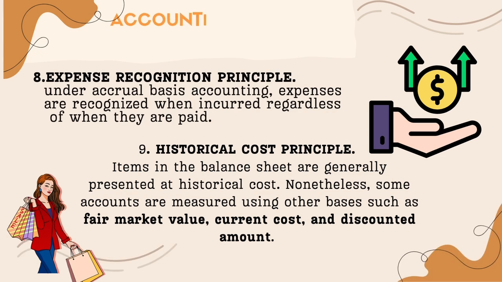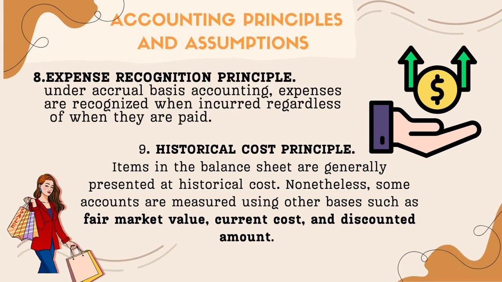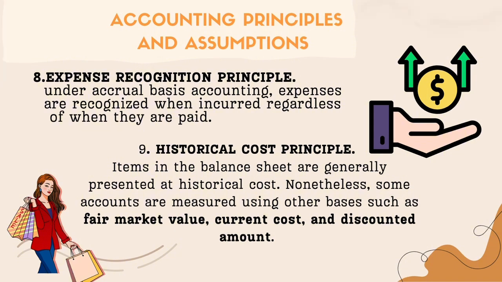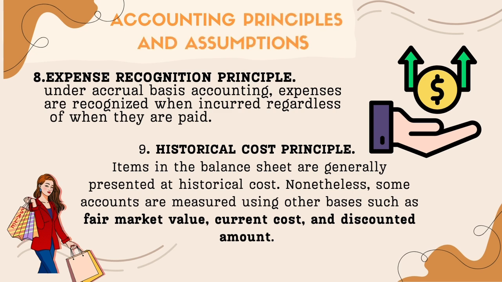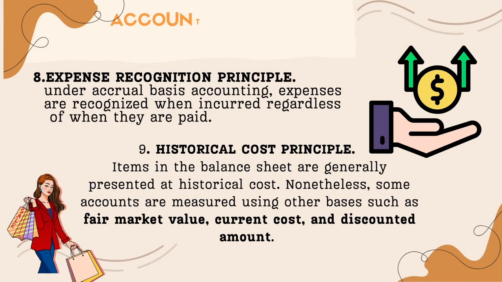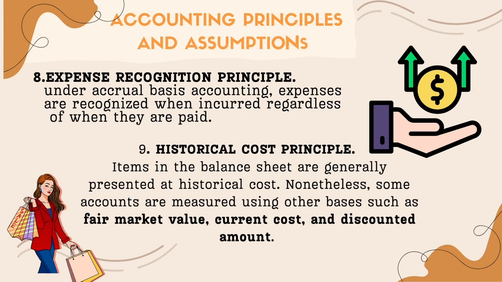Lastly, historical cost principle. So, historical cost principle, items in the balance sheet are generally presented at historical cost. Nonetheless, some accounts are measured using other bases such as fair market value, current cost, and discounted amount. To explain further, a historical cost is a measure of value that is used in accounting.